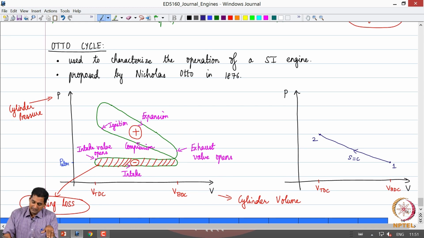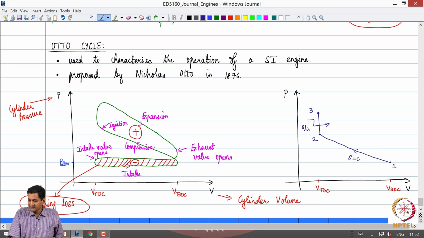Then looking at this ignition and the mechanism of combustion, the equivalent heat addition process is assumed to take place at almost constant volume. So, the heat addition process is used to mimic the combustion process and that is assumed to take place at almost constant volume. So, the process 2 to 3 is a constant volume heat addition process, that is how it is approximated.